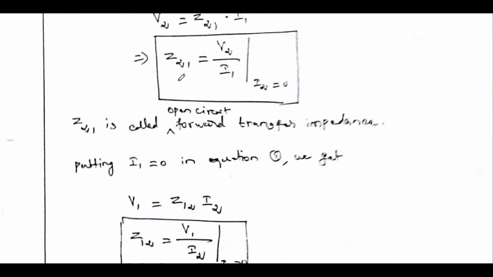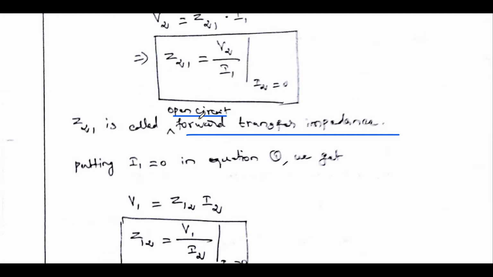This Z21 is called the open circuited forward transfer impedance. First, it is an impedance, since it's a ratio of voltage by current. And it is an open circuited impedance, since all Z parameters are calculated under the condition of either the output port being open circuited or the input port being open circuited.